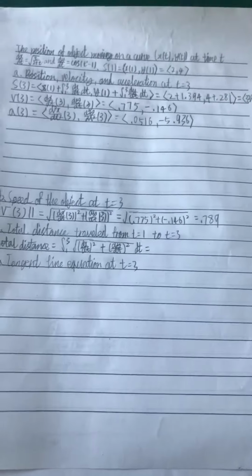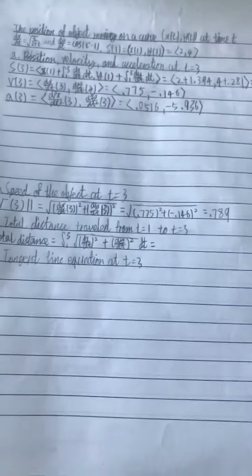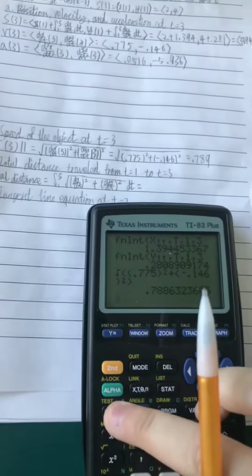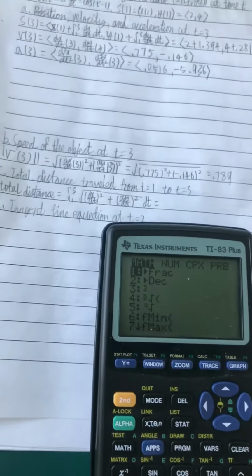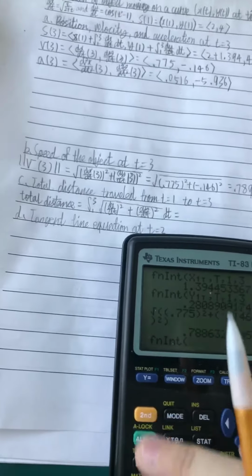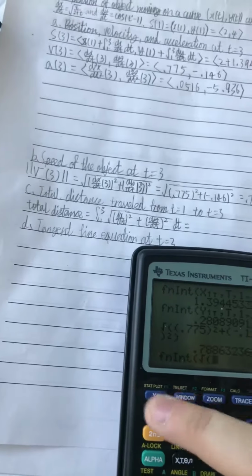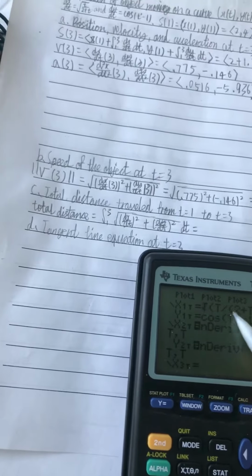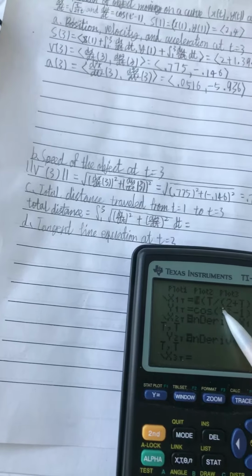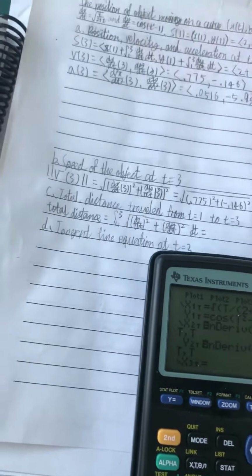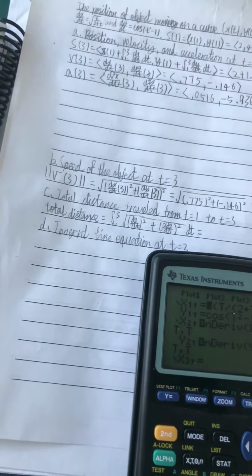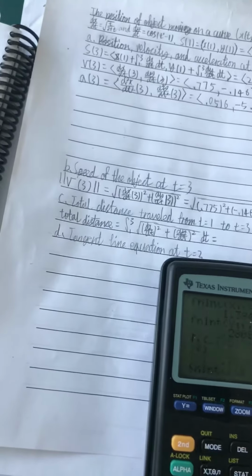Okay, so this is another time we make the calculator do the work for us. So here we integrate using number 9 and the square root. Notice previously we set up x1t equal to the dx/dt that was given and y1t equal to the dy/dt that was given. So here's what we're going to do.